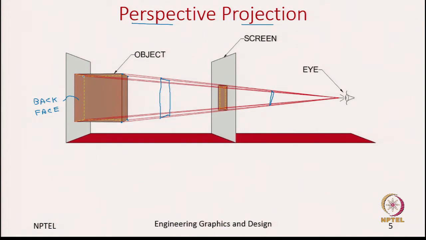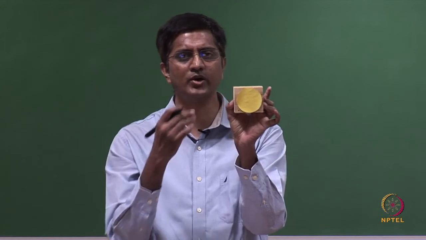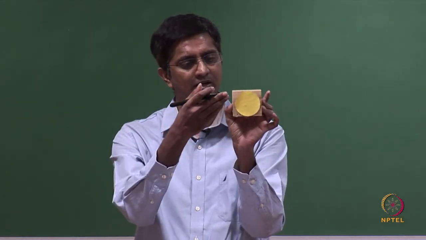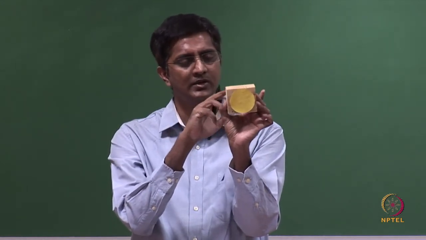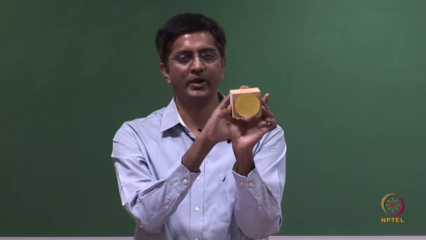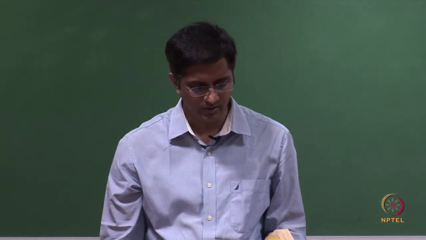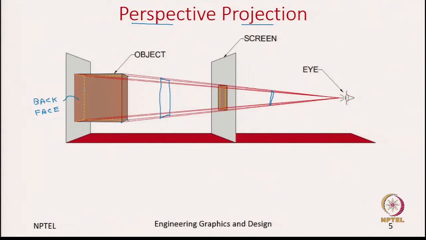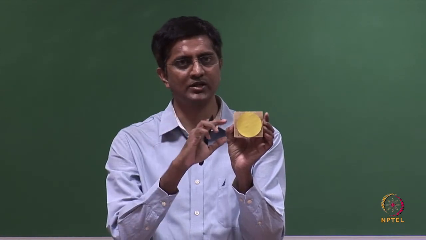So, these yellow lines are dotted because actually you can't see this back face if I am holding the object like this, but let us say instead of wood it is made up of glass such that the object is transparent to light, and then you are able to look at the back face. Now, let us say I have painted the back face, then even if it is transparent you should be able to look at the back face. Okay. So, these yellow or dotted lines represent the hidden lines, saying that there is a back face which you cannot see normally, but since you know that there is a back face you can show that through yellow lines.